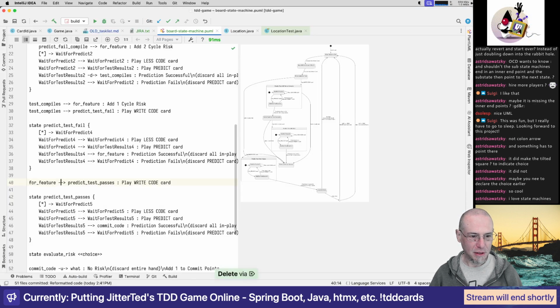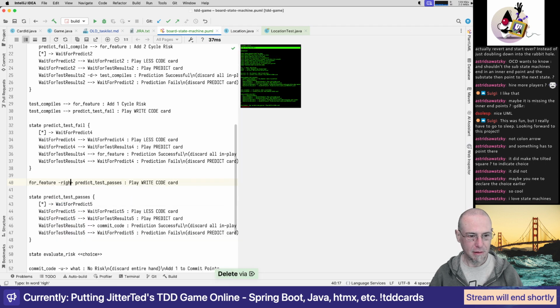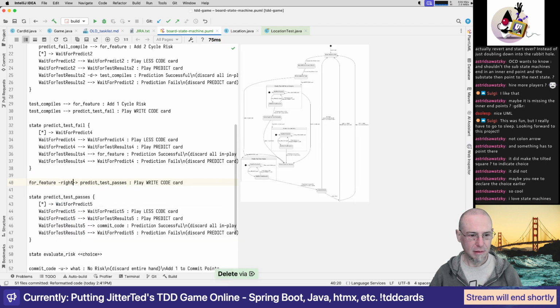Oh, I guess I could just do that. That's weird. It's like this arrow right here, which goes from here to here, and I'm saying right, and it's not doing it.